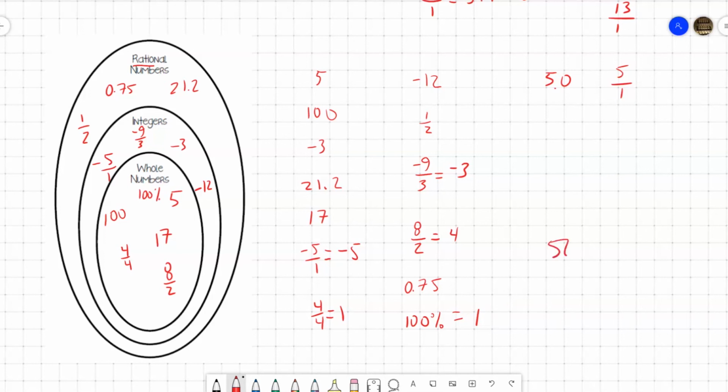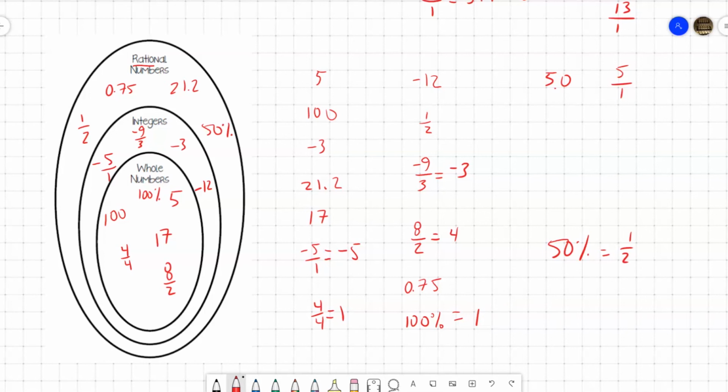Well, then what about 50%? Where do you think that would go? 50% is half of something, right? If I have 50% of something, I have half of it. So 1/2, oh yeah, I already know that the best thing I can do with that is a rational number. So 50% would be rational.